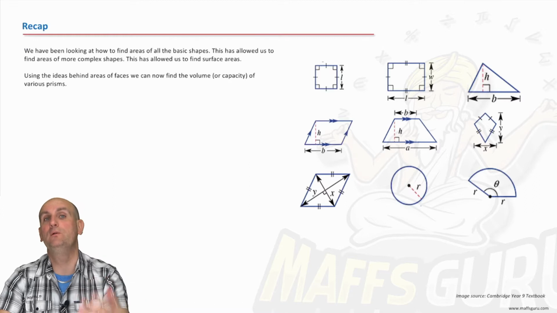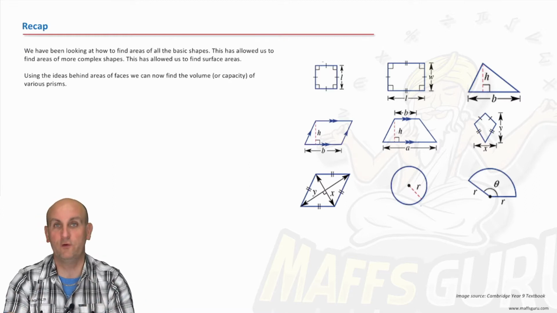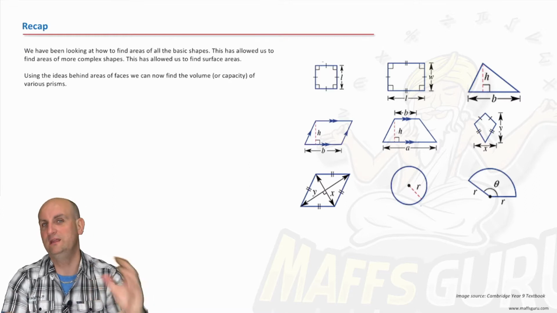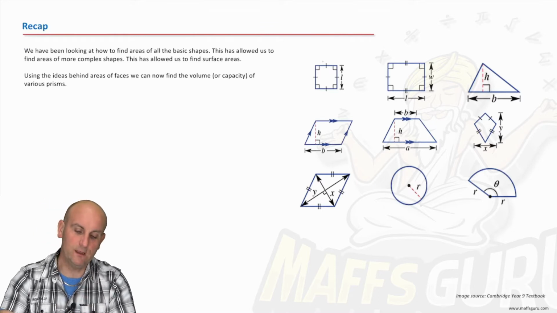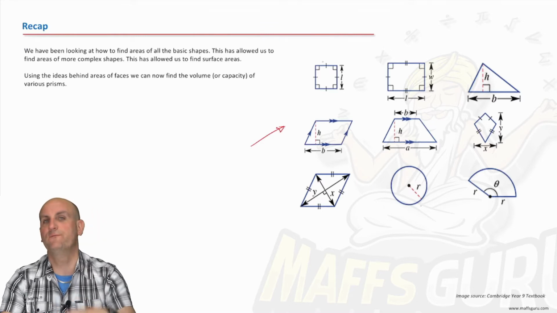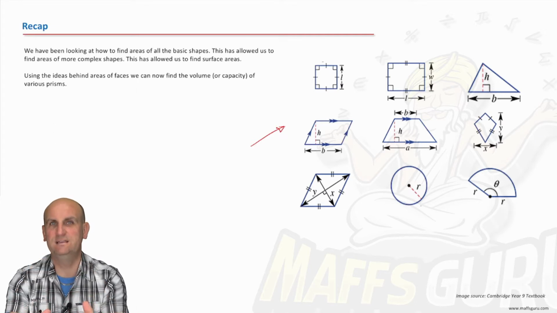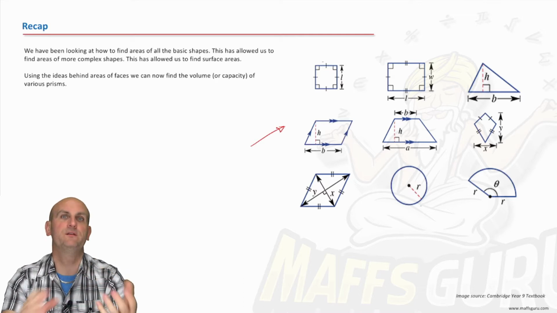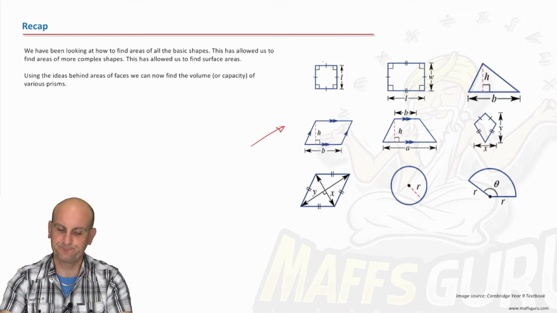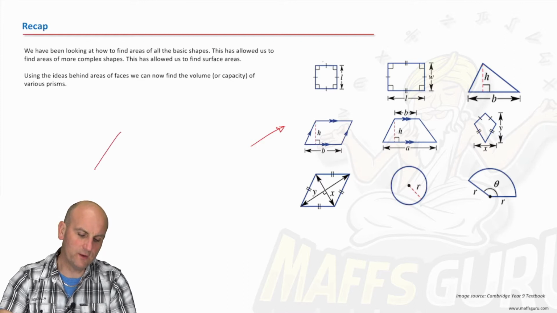Now, obviously, we are building on a series of videos that are live on MaffsGuru.com. And we know that for things like prisms and volumes and surface areas, there are certain base building blocks. There are shapes that help us find three-dimensional shapes. So, for example, the one I used in the last video, and we'll use it again, is a Toblerone.